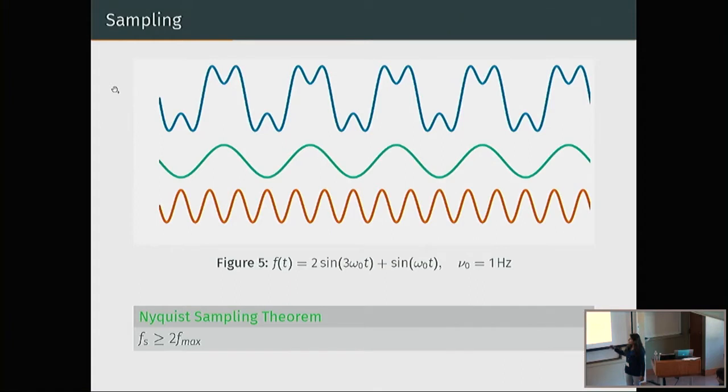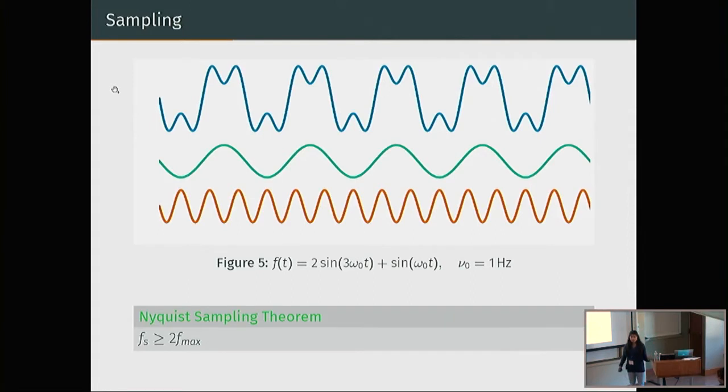You identify the fastest frequency, and then you sample at twice that fastest frequency to reconstruct your signal completely. This is called the Nyquist sampling theorem, the other theorem Nyquist came up with, along with many things he did. This is a very important concept to know.